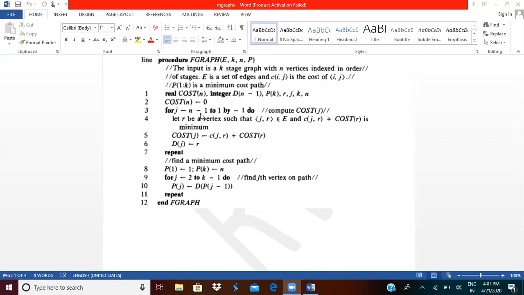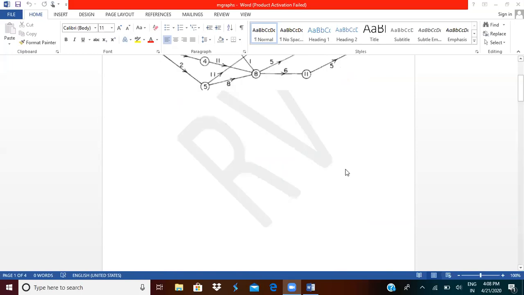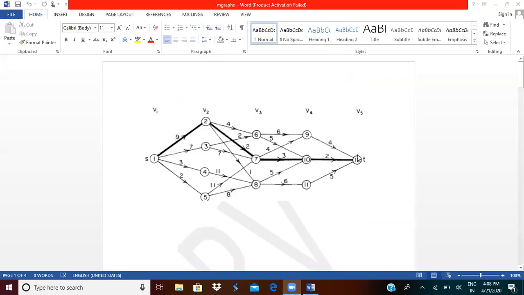J is the stage here. So if I take the last stage, that is the fifth stage, C of 5 comma 12 plus cost of 12. Cost of 12 is 0. That means 12 to 12, what is the cost? It is 0.